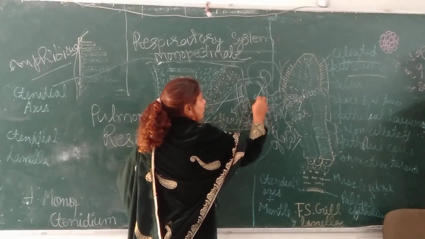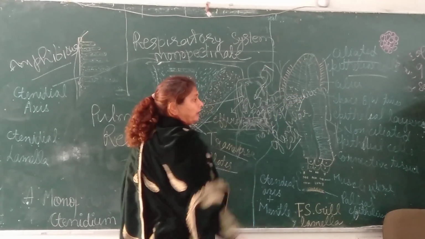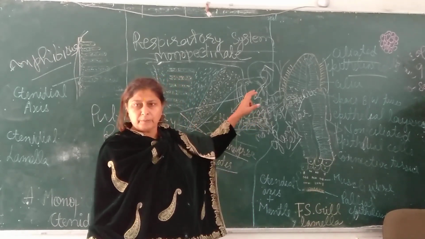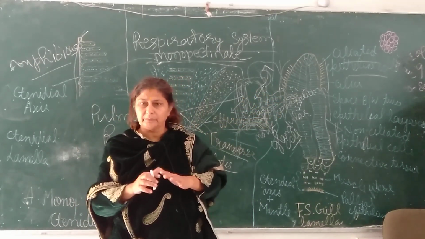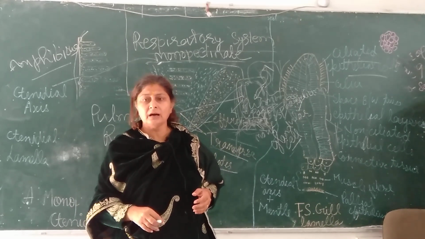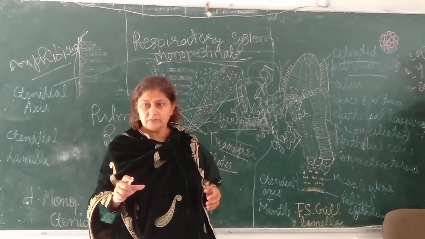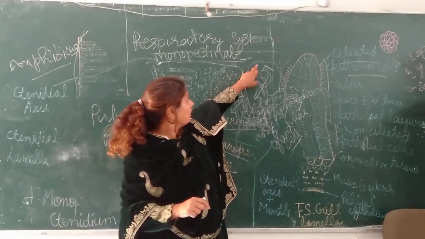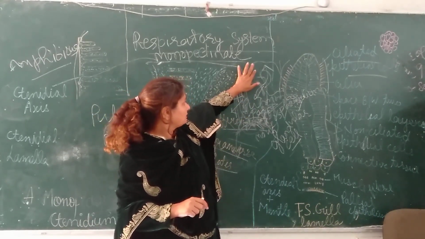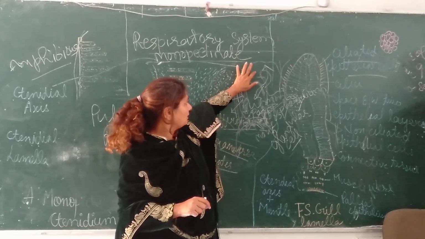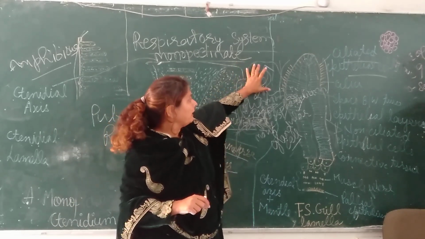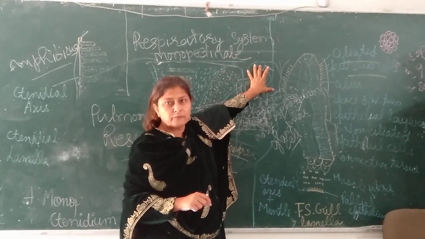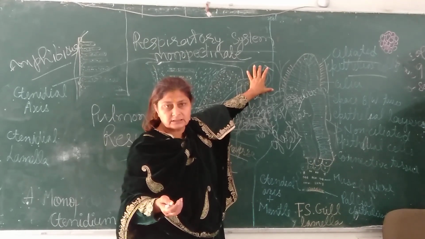From there air enters into the pulmonary sac or pulmonary chamber. From the pulmonary chamber it enters into the lung, or pulmonary sac, where it reaches the blood vessels.